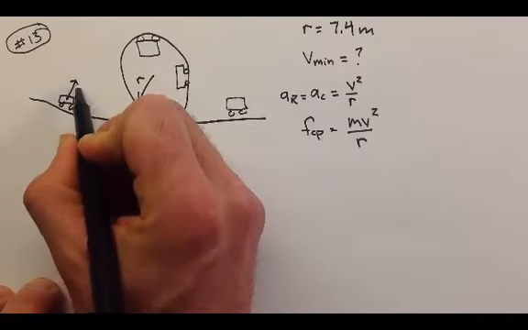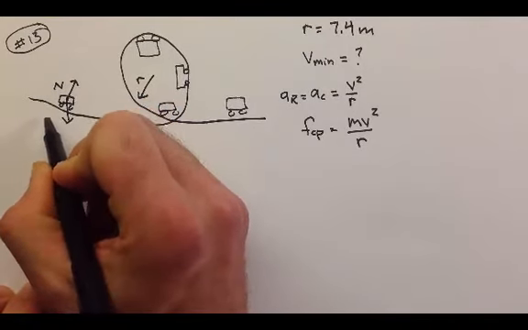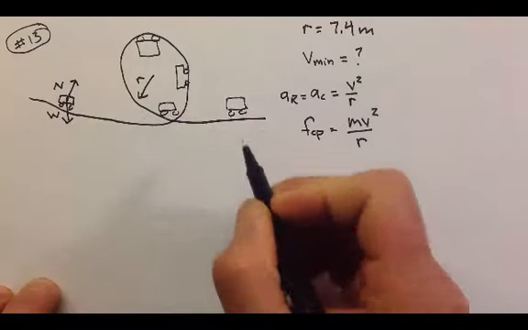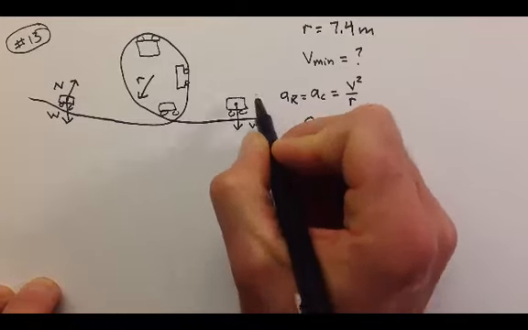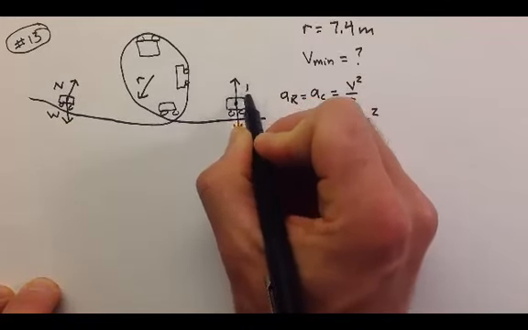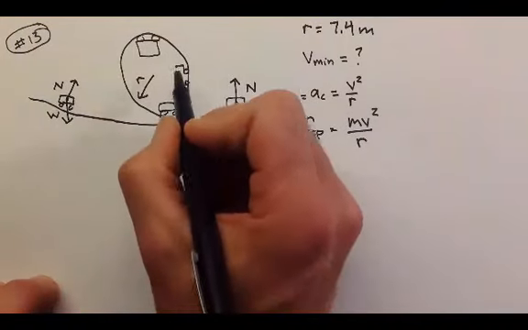And I drew the roller coaster car here at a bunch of different places, okay? And I want you to note here that no matter where the car is along the track, we really only have two forces at play the entire time. We have our weight and our normal force, right?